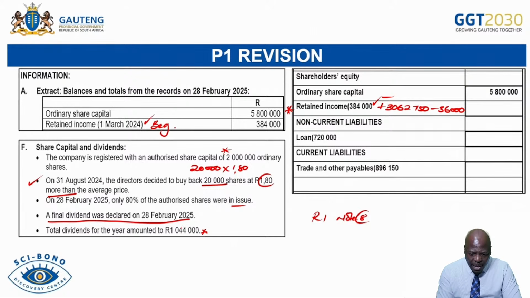Remember, total dividends includes your interim as well as your final, that is your shareholders' dividends. So you subtract 1,044,000 here, and then you can close your bracket and get your retained income.